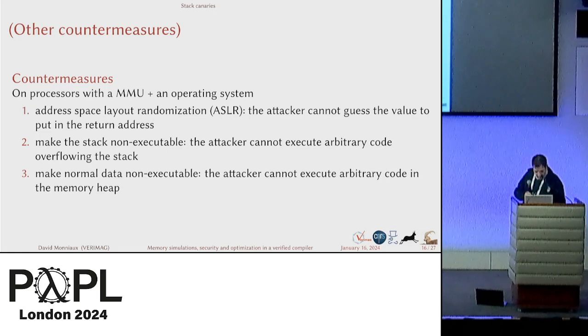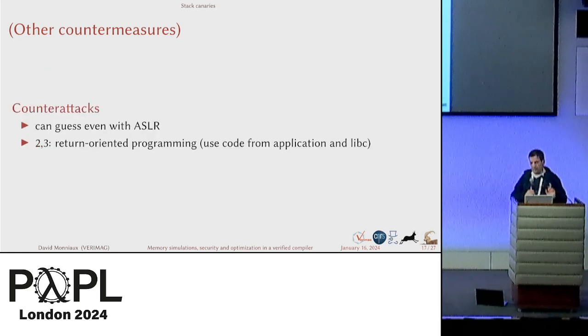Okay. But you may notice that many of these countermeasures assume that you're running on something with a full operating system that can randomize addresses and then can have execution protection against certain locations in memory, typically something that runs on a processor that has a memory management unit.